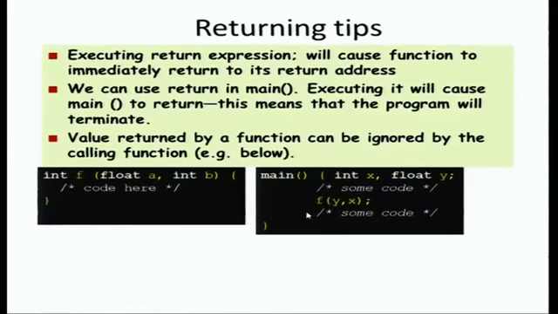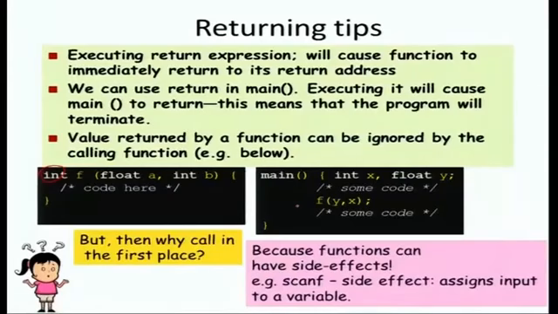And here is the interesting thing, I call f of y comma x, y is a float, x is an int, so I am fine, but this function returns an integer value, but I am not assigning it to anything. So, I am not saying something like x equal to f of y comma x. So, this is not required.